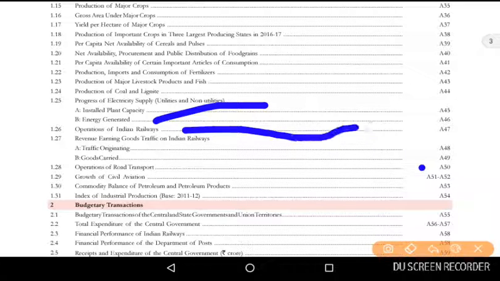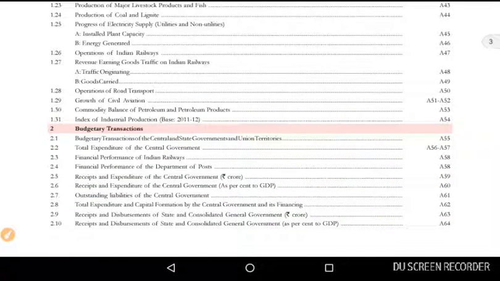This is basic infrastructure that you have to know, and growth of civil aviation transport. This part is very important for GS paper 3. You must know it and get an idea of how to frame your answer using this Economic Survey. Okay, so topic 1 is important.